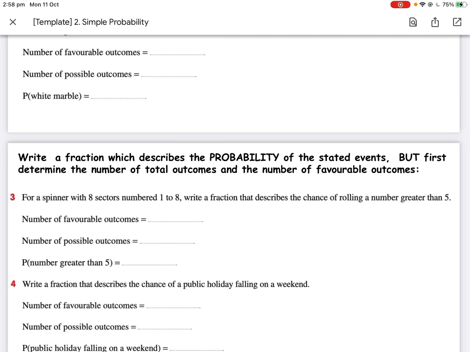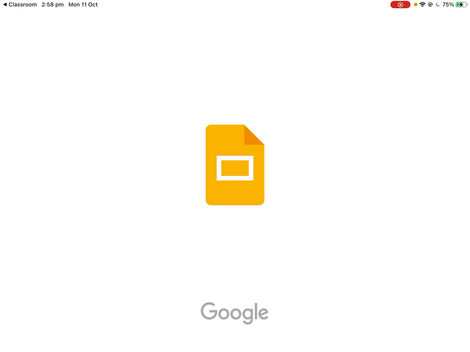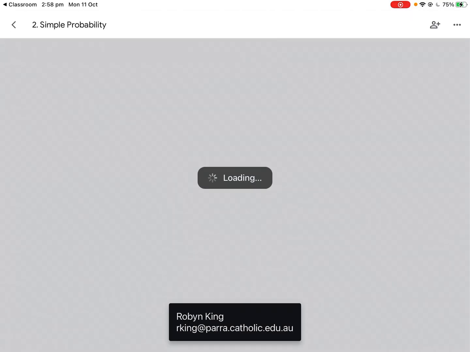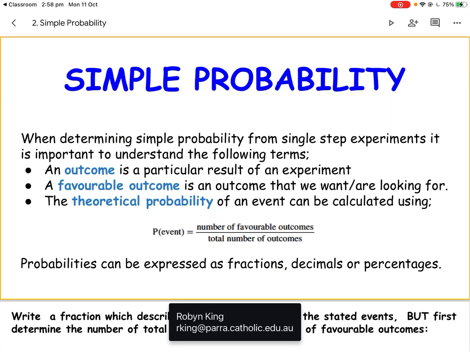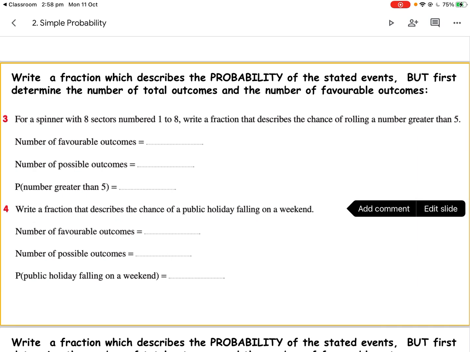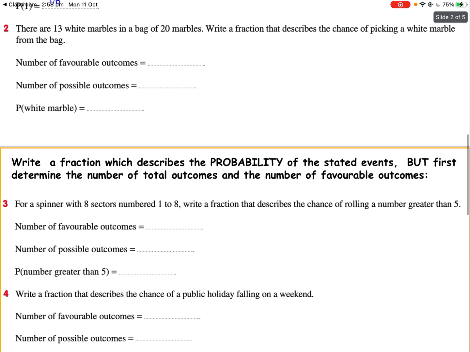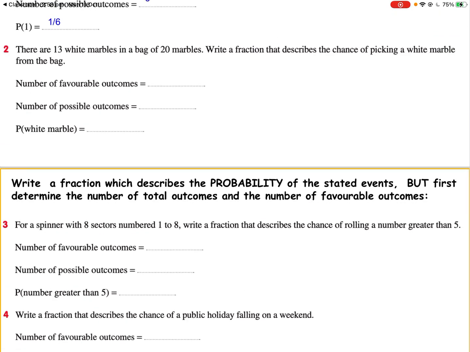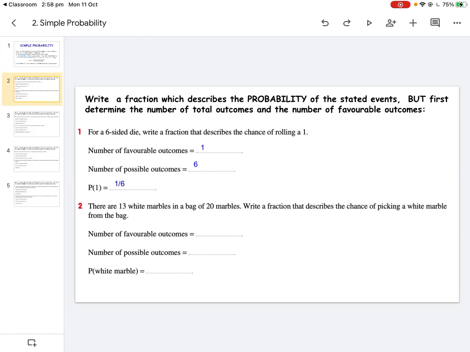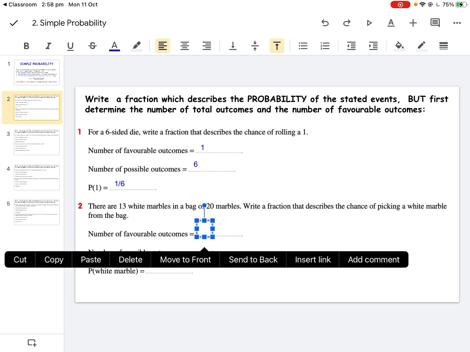Not sure if this is going to let me write on it. Do I have to go like this? Come on, you can do it. Let's see if it's going to let me write on it. Edit slide. Sorry, I don't know how to use this very much.